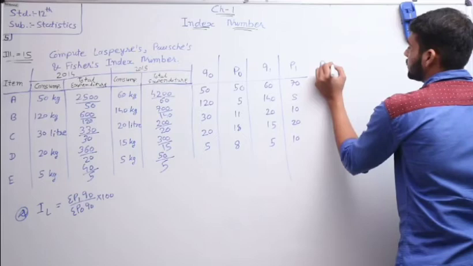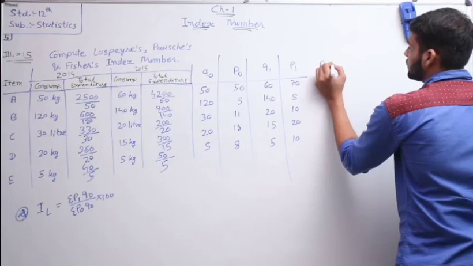Understood, students? Good. So now we do the total of this column, which is 5450, and the total of this column is 4230. So it's denoted by sigma P1Q1 and it's denoted by sigma P0Q1. Okay, students? So now these values are put in this formula. 5450 upon 4230 multiplied by 100.